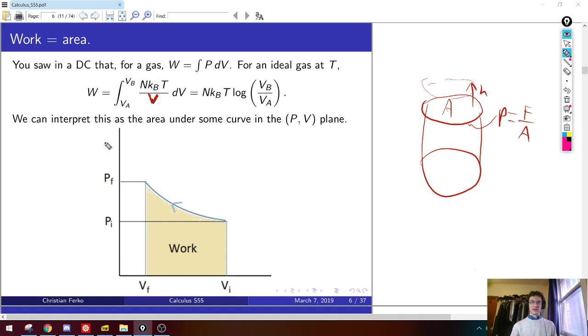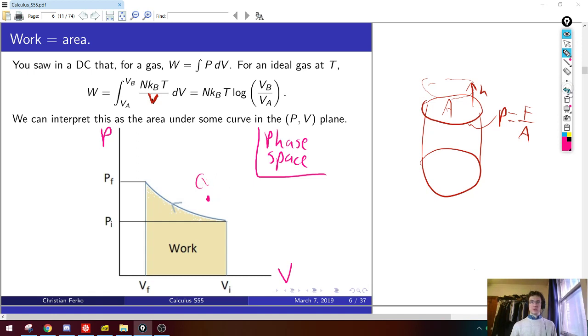So I ask you now to think of the x and y axes as not x and y, but volume and pressure. So this is what we would call a phase space. By phase space, I just mean it's some plane where a point in the plane we're not thinking of as an actual physical location in space. It's not like a point on a table, x, y.